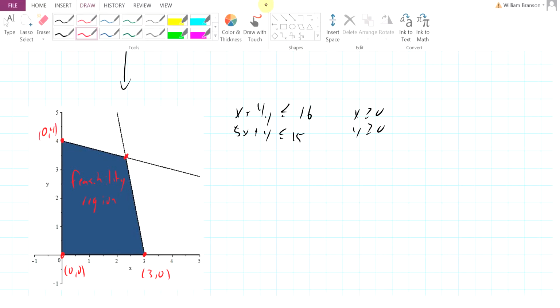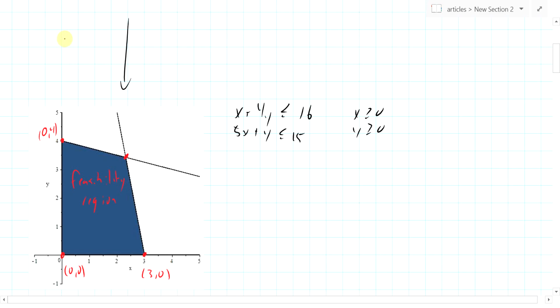And what's that? Well, how to find a point of intersection? Usually it's fastest if you match coefficients. So what I want to do is look at these 2 equations and say, well, if I multiply the top one by 5, then I'll match the coefficients on x.